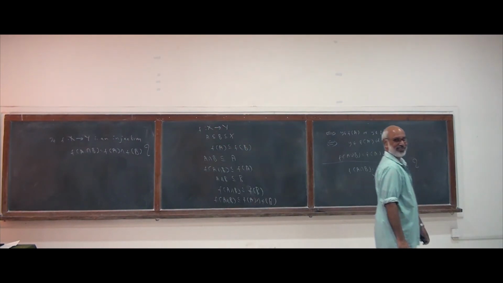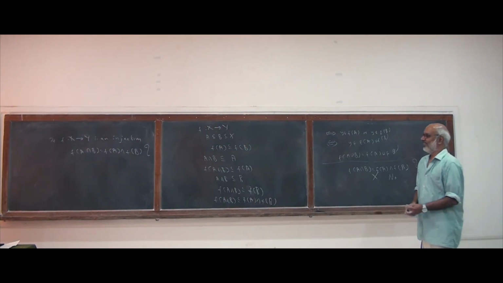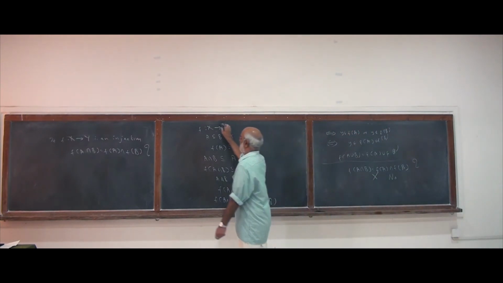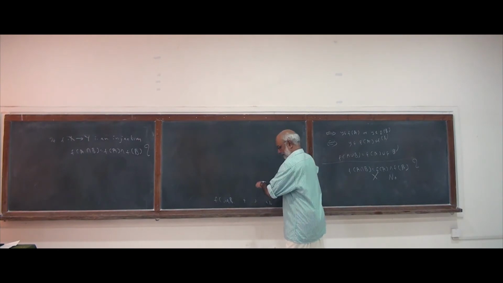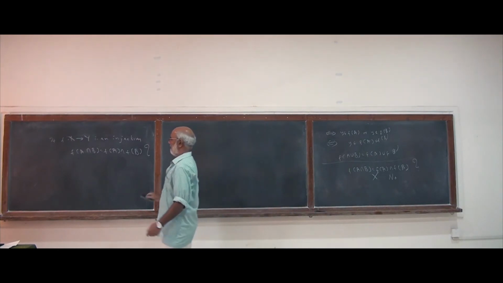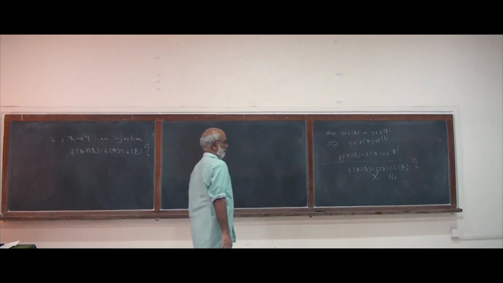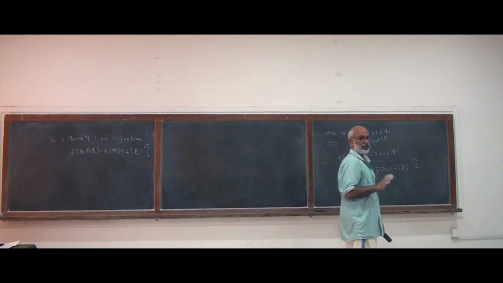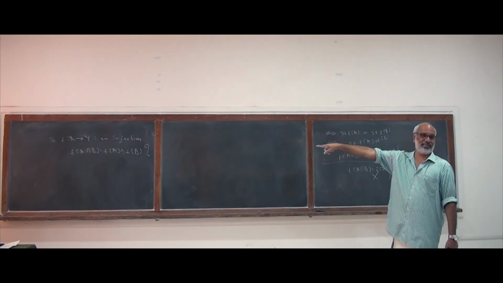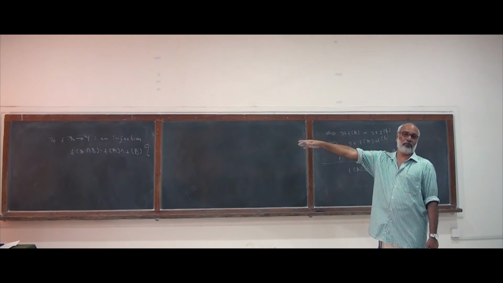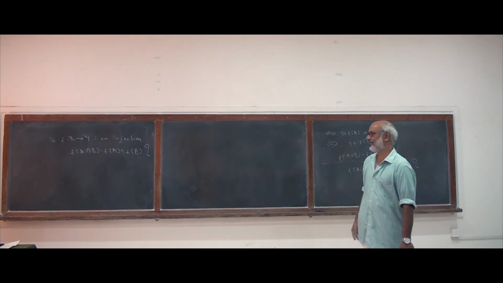Proof is left to yourself. So for an injective function, this is the result. In the last case, we failed to get this. We obtained a counterexample because our function was not injective.